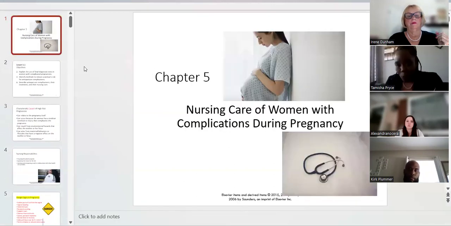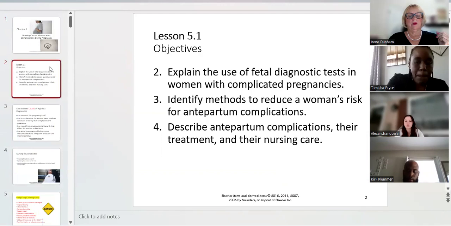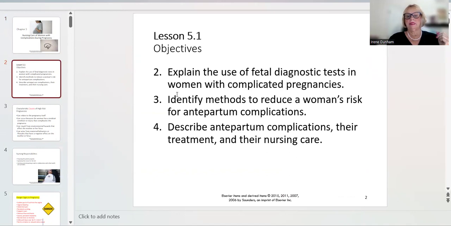So like I said, we're going to discuss the complications that occur in pregnancy. And we're going to discuss the different diagnostic tests, like an amniocentesis, with complicated pregnancies. I'm going to identify methods to reduce a woman's risk for antepartum complications.